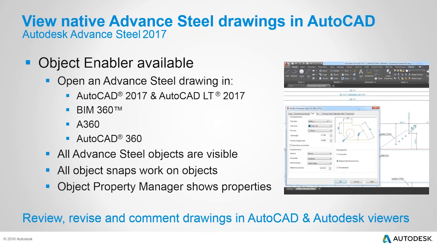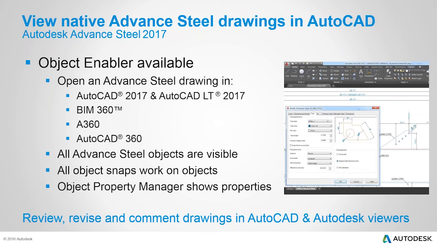First up, in 2017, Advanced Steel, if you link that with the latest version of other products, they've improved the object enabler. So that means that AutoCAD 2017 or AutoCAD LT 2017, the proper desktop products, or the BIM 360 product, which is cloud-based document management, the A360 cloud-based storage and viewing, and AutoCAD 360, which is cloud-based AutoCAD.